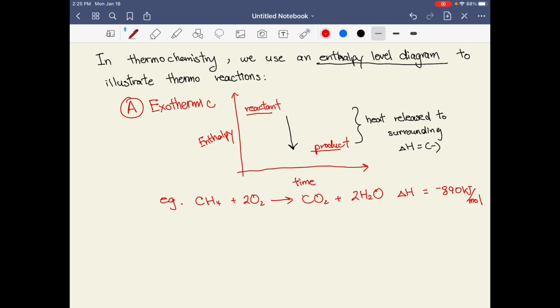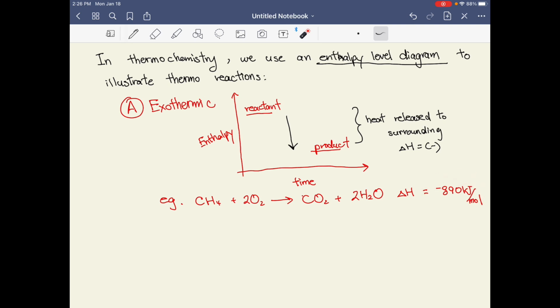Note what I just said. Okay, this reaction right here releases 890 kilojoules for every mole of methane being combusted. So if I'm combusting 2 moles of methane, obviously this number will have to times 2.